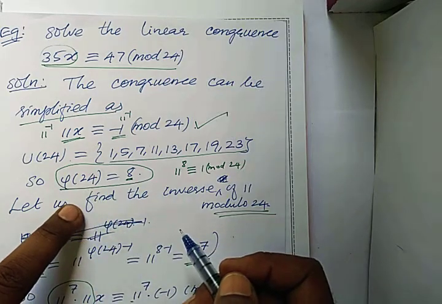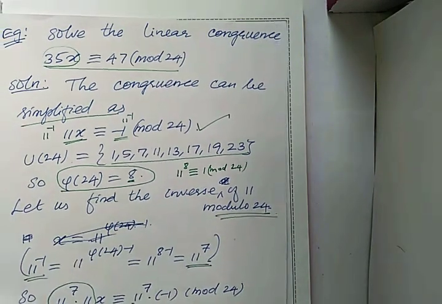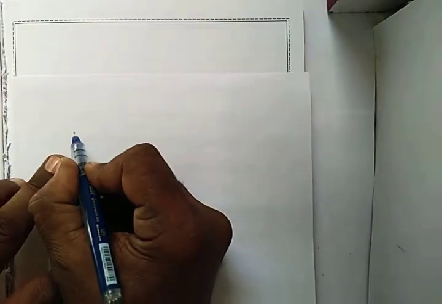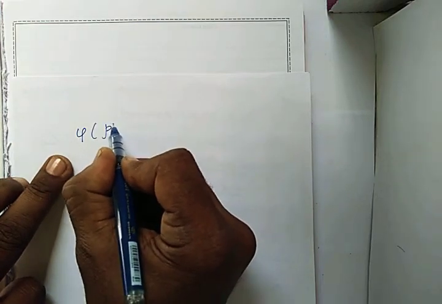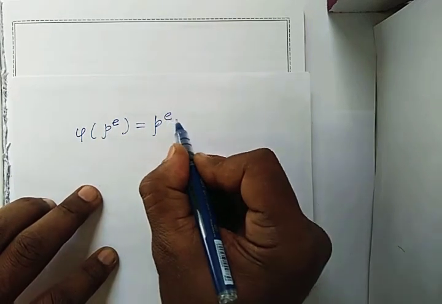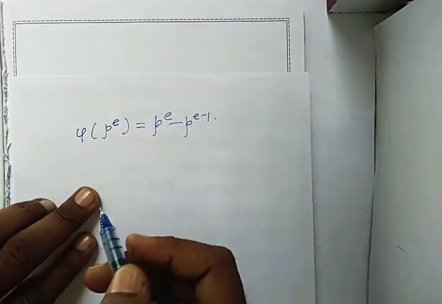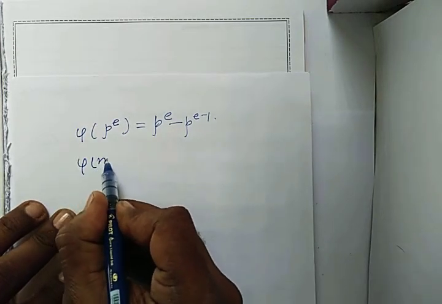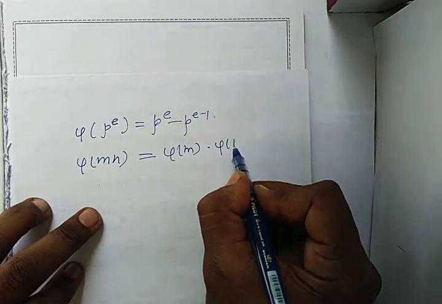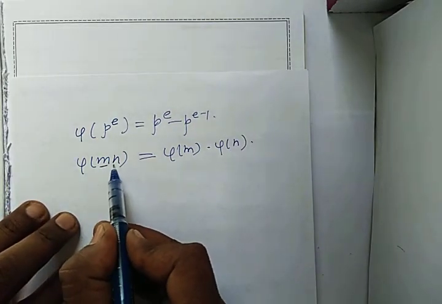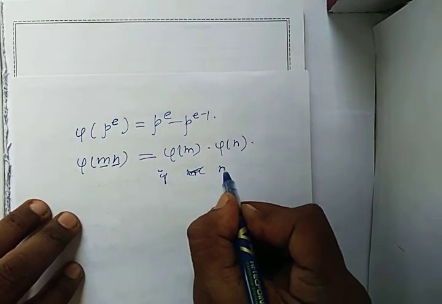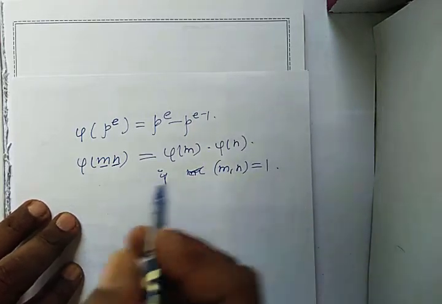How it is means, we need to see two results, then we can find these things very easily. Those two results are phi of any prime power p^e, which will be equal to p^e minus p^(e-1), and phi of mn is equal to phi of m into phi of n, if m and n are relatively prime.